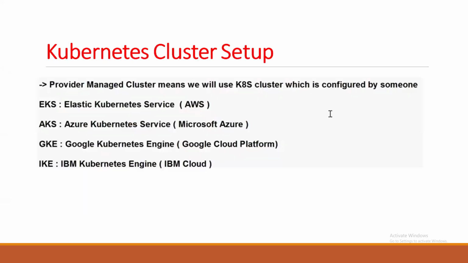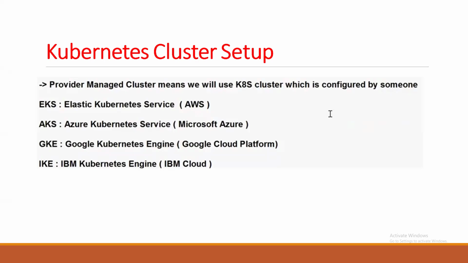Provider managed cluster means we will use the Kubernetes cluster which is configured by someone else: Elastic Kubernetes Service, Azure Kubernetes Service, Google Kubernetes Engine, IBM Kubernetes Engine, or Oracle Kubernetes Engine.